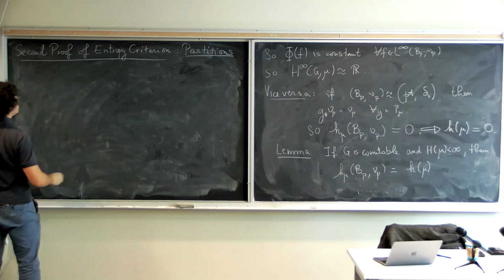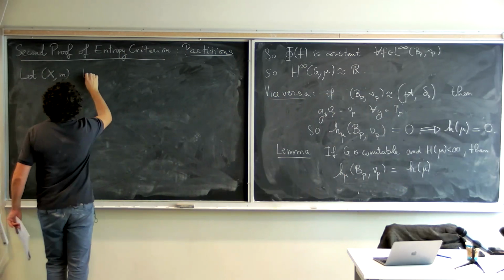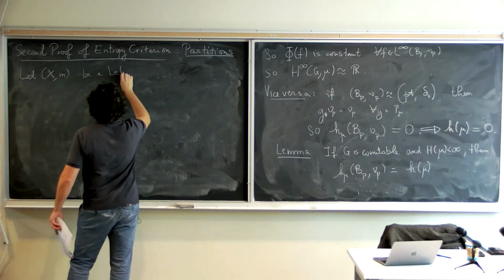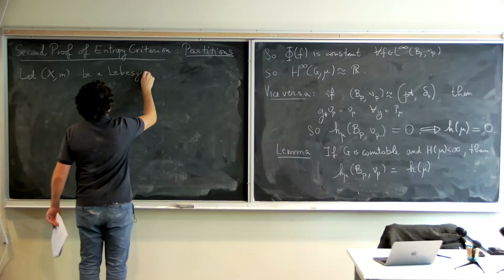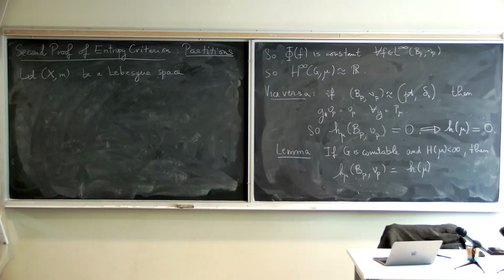The idea is this one. We start with a Lebesgue space (X, m), a nice measure space. In particular, it could be the space of infinite paths. This will always be our favorite one.